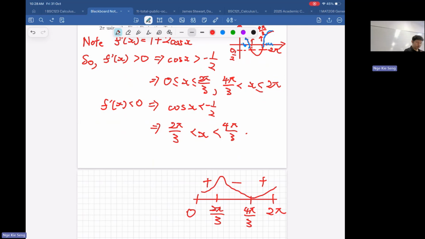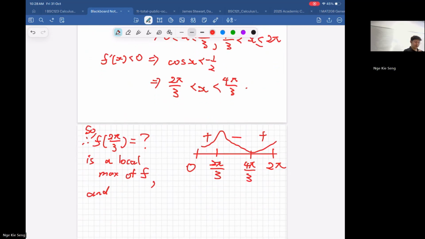So try and do the computation, write out that f of 2 pi over 3 is the local max of f, and f of 4 pi over 3 is the local minimum of f.